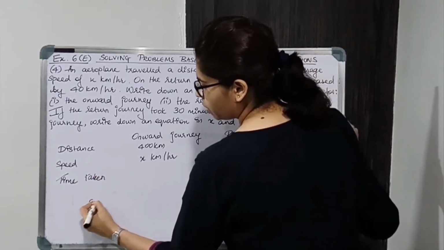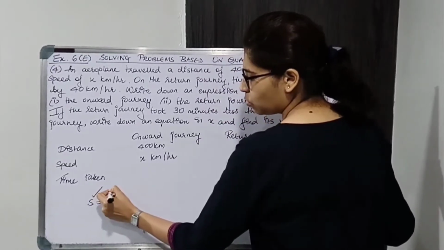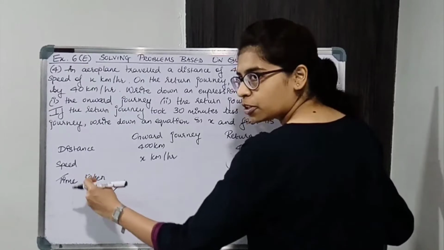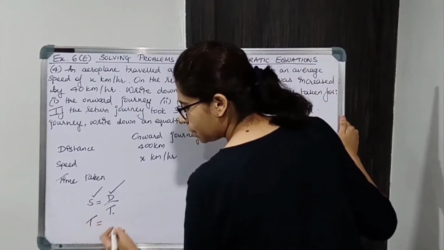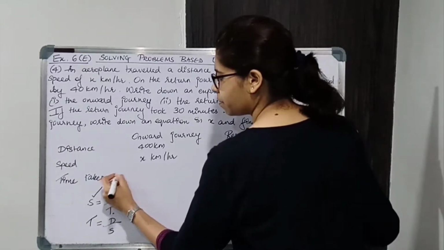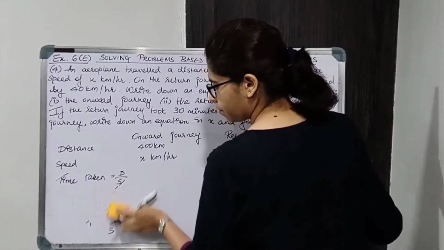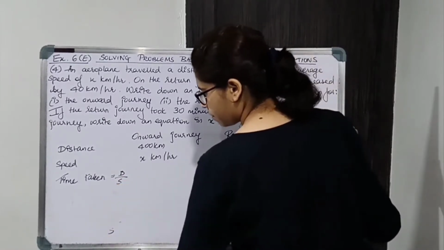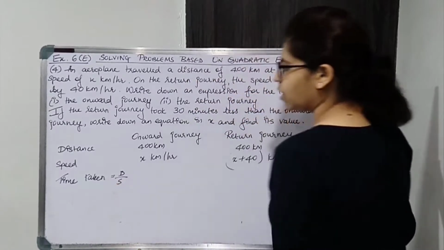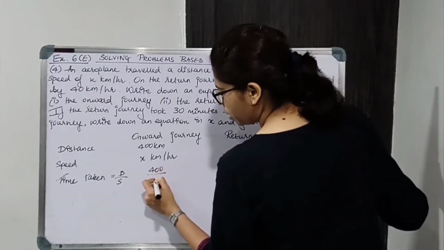Now what is the formula? We know this, we know this, we need to find this. So shift the one that we don't know to the other side. So time is distance upon speed. Now here we'll get 400 upon x.